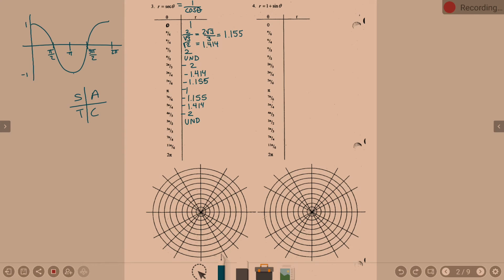Okay, we're in positive because we're going to be in quadrant 4. What about 5 pi over 3? 2. 7 pi over 4? 11 pi over 6? 1.155. And 2 pi. 1. Reciprocal of 1 is 1.